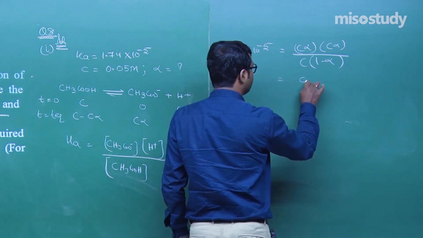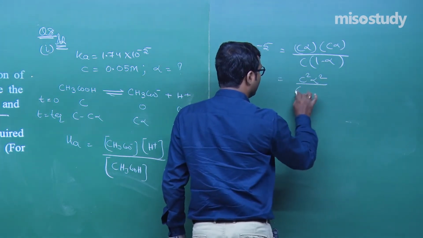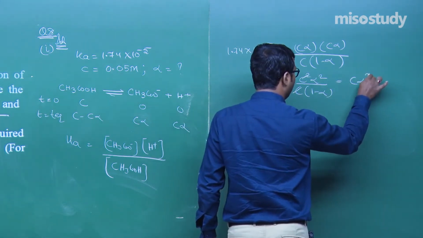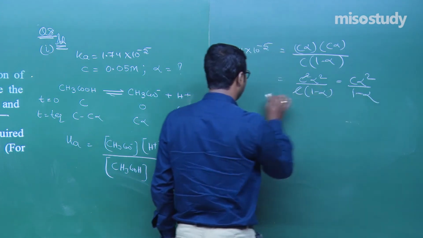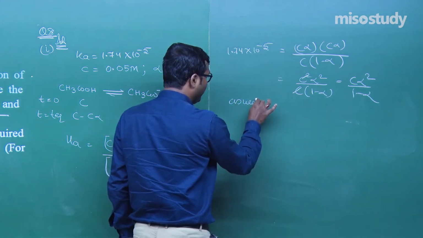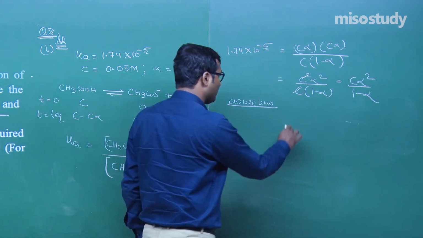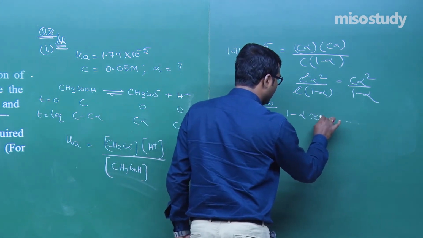Now what will happen? C square alpha square upon C into 1 minus alpha. C will cancel, so Ka is C alpha square upon 1 minus alpha. As we know, the acid is weak, so 1 minus alpha will be approximately equal to 1.